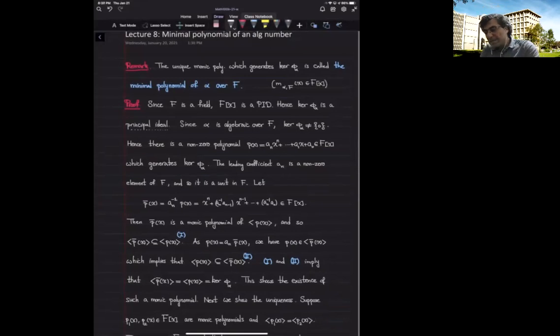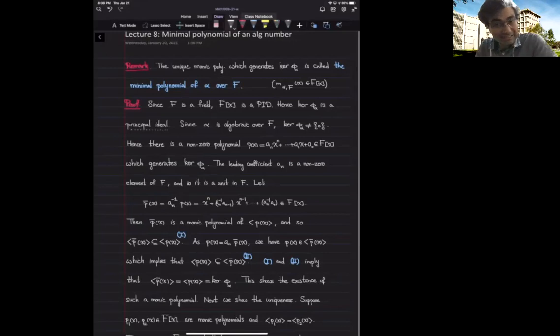So the unique minimal polynomial of alpha over F has what property? It generates the kernel of the evaluation map, it is monic, it is not constant, and more importantly, it cannot be written as a product of two polynomials of a smaller degree, where both of these polynomials belong to F[x]. Okay, so this is what we want to show.